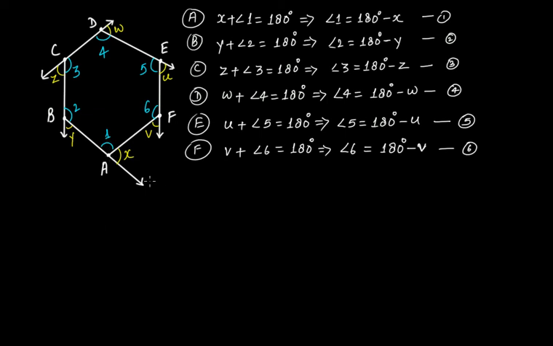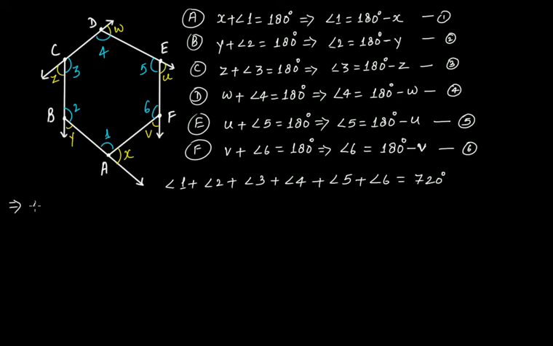Therefore we can say that angle 1 plus angle 2 plus angle 3 plus angle 4 plus angle 5 plus angle 6 is equal to 720 degrees, the sum of the internal angles. Now put the values of 1, 2, 3, 4, 5 and 6 from here.